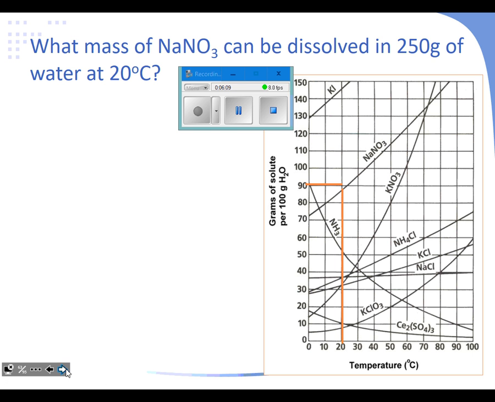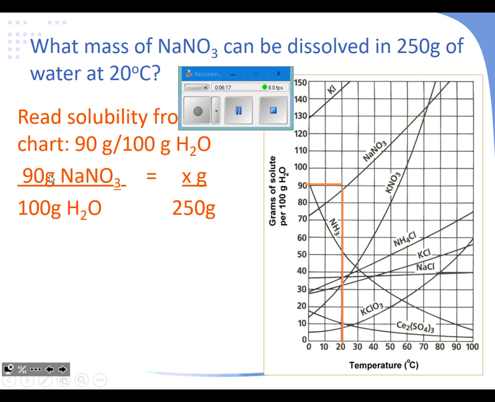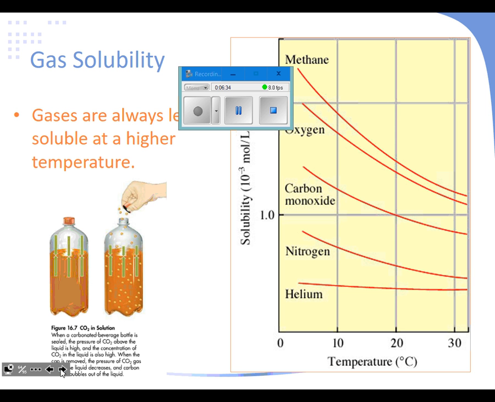Now, if we read it, that's 90 in 100 grams of water, but we want to know about 250 grams of water. So 90 over 100 would equal how much over 250. So we could just do the butterfly effect, cross multiply and divide. And so we take 90 times 250 divided by 100, which would then give us 225 grams.